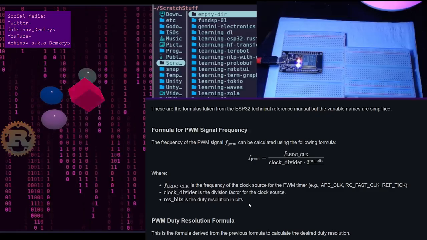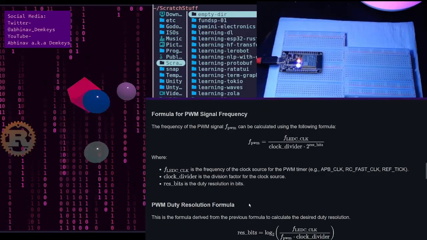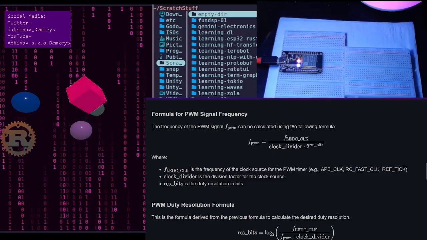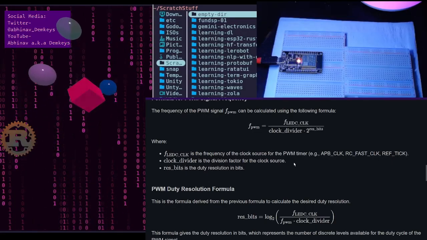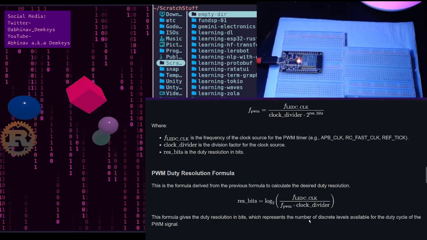And then there's the resolution bits. There was a connection between the FPWM formula and the res bits formula that I'd found.